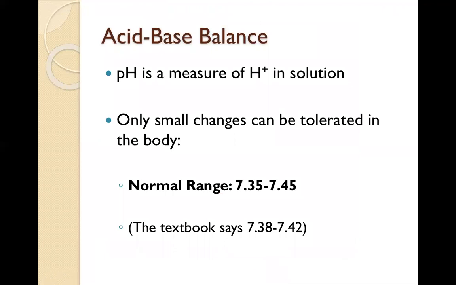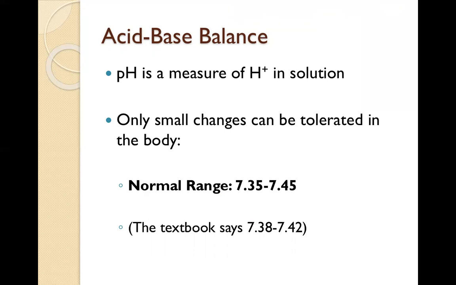So acid-base balance, we're only going to scratch the surface of acid-base balance. When we talk about acid-base balance, pH is a measurement of the concentration of hydrogen ions or protons in solution. There's only a small amount of change that can actually be tolerated in the body. It's a very, very narrow range.